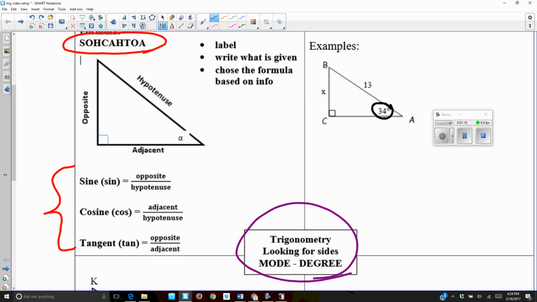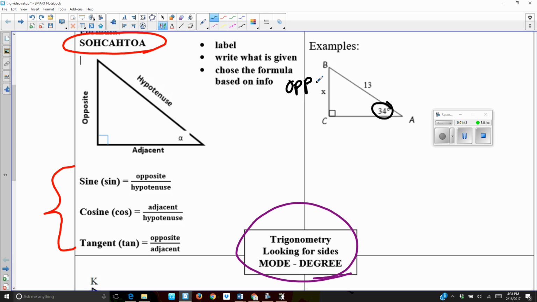So you notice the angle they give us here in this problem is 34 degrees. So using that essentially as our reference angle for this problem, you have to identify whether x is the opposite side, the hypotenuse, or the adjacent side. We should recognize x as the opposite side of 34 degrees.